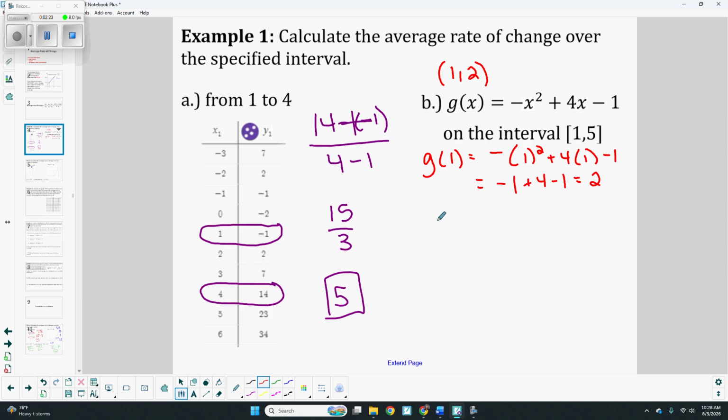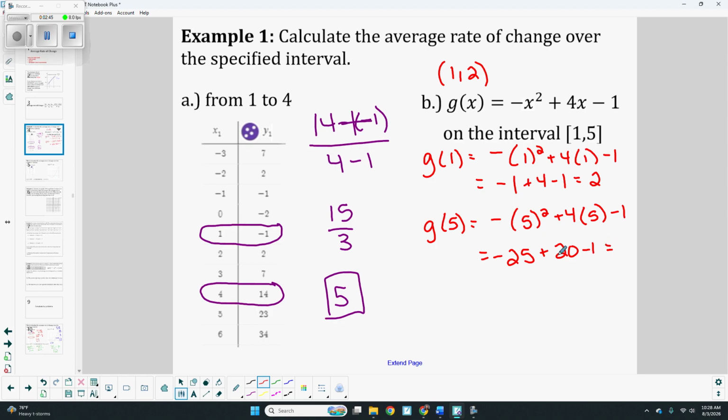We're also going to have to plug in 5. So g of 5. So negative times 5 squared plus 4 times 5 minus 1. So 5 squared is 25, so this is -25. 4 times 5 is +20, plus 1.